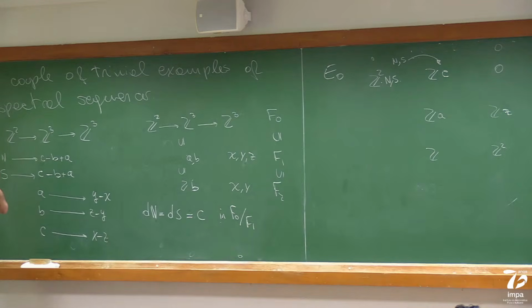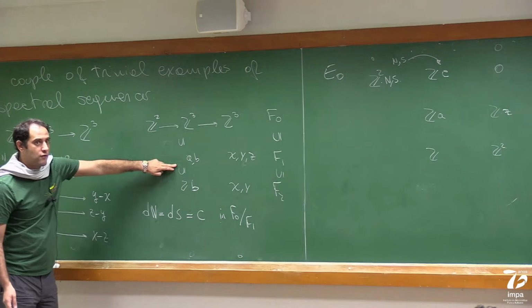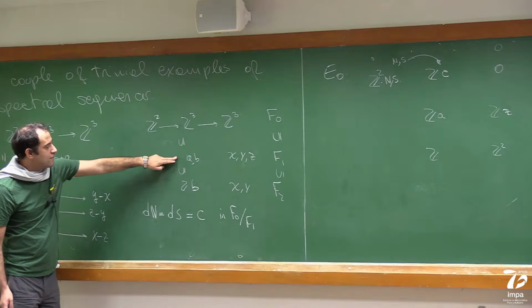Now I want to look at the next step of the filtration, so this is F1 divided by F2. So I'm going to look at the differential of these three guys, but modulo F2. So in F2 I have this B. C was already killed because C was in F0 and it's not in F1, so I don't care about that. I only have this A and B.